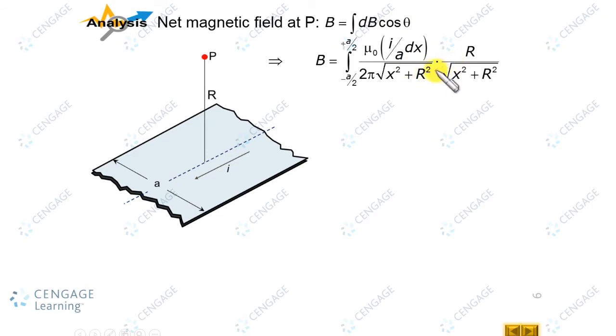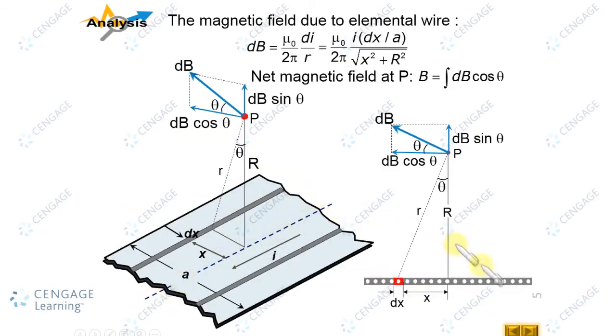Now we can rearrange this equation. We know this mu naught, I and R and a also and pi, these are the constant terms, and the limits of integration should be minus a by 2 to plus a by 2 because we are taking distance from the middle of the strip. So the limit of this is minus a by 2 and this is plus a by 2.